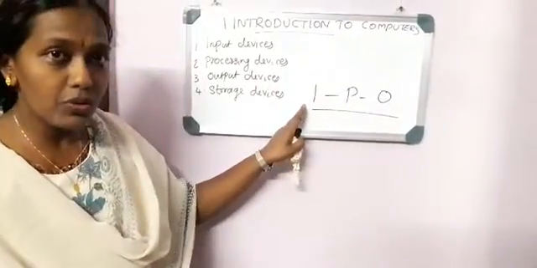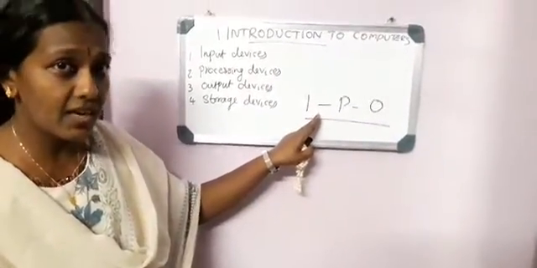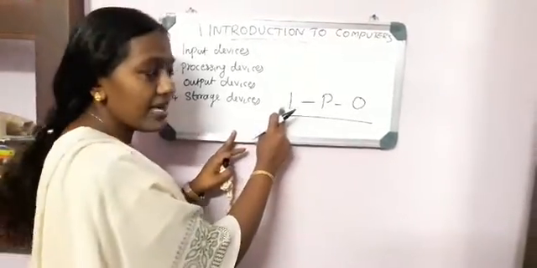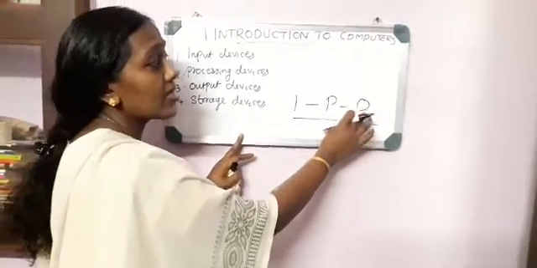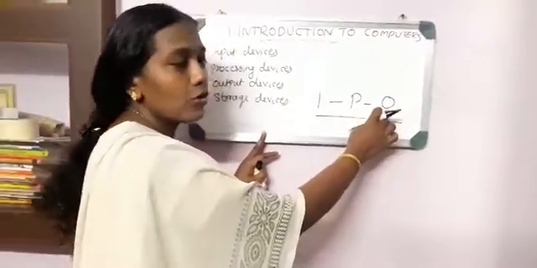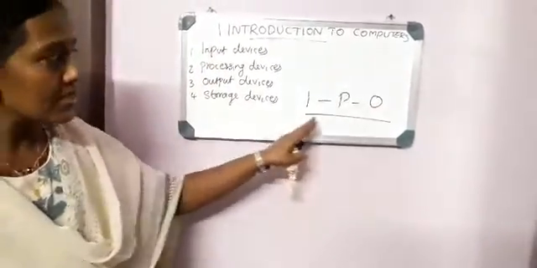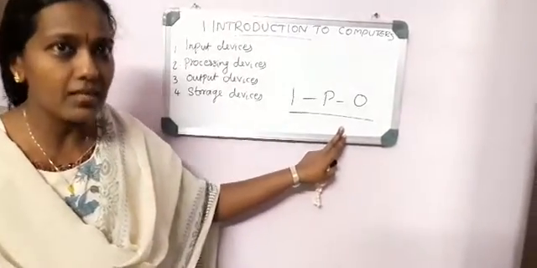So a computer accepts the data through the input devices, processes it and displays the output through the output devices. So this is the IPO cycle.